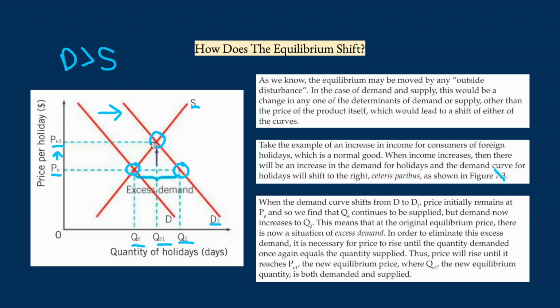As you guys can see once again, from this new place, quantity supplied is going to increase from here to here, and quantity demanded is going to decrease from here to here. Overall, creating a new equilibrium, but with a higher quantity supplied and demanded, and at an increased price.